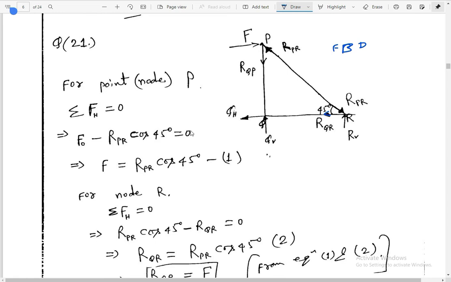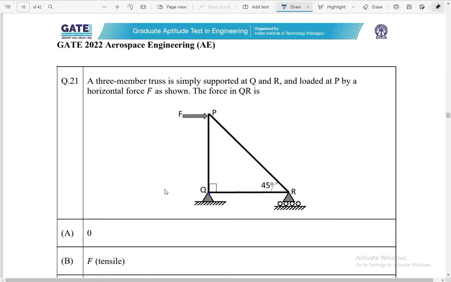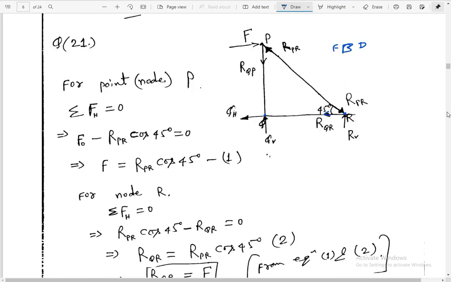Here you can see two different supports, this one and the roller support. For this support we have two reactions, horizontal and vertical, and for the roller support we have only vertical. But RQR is the reaction from this line, this force RQR.